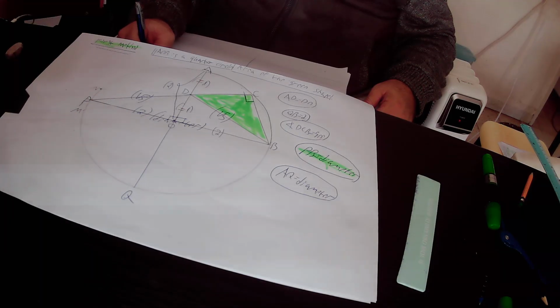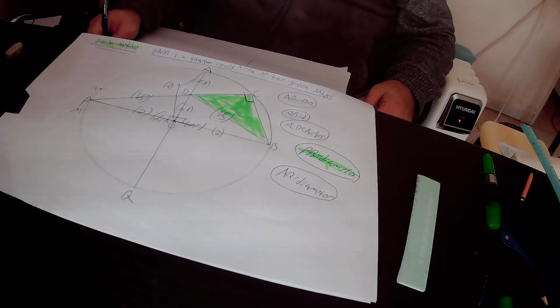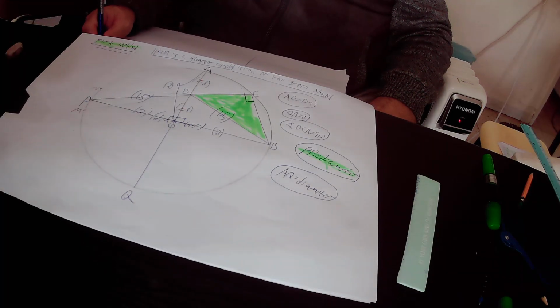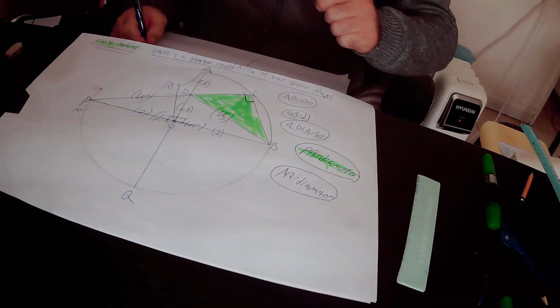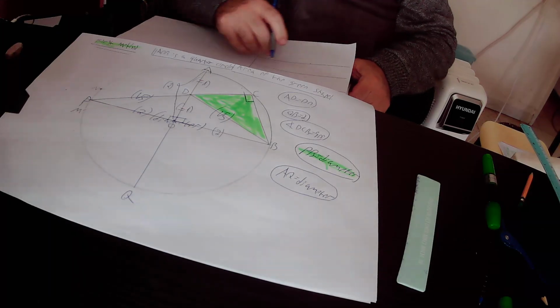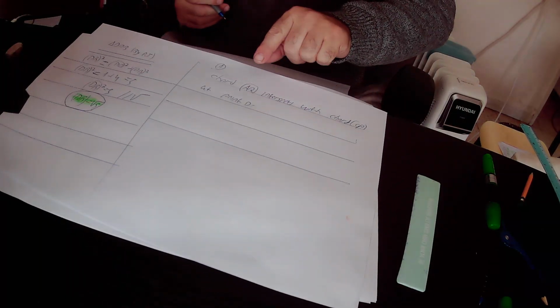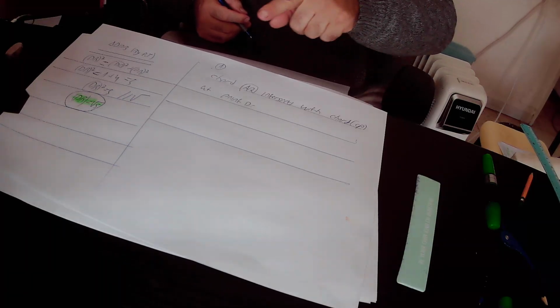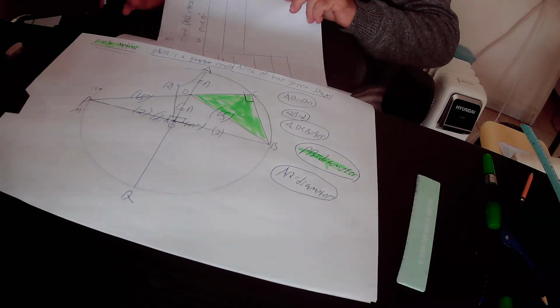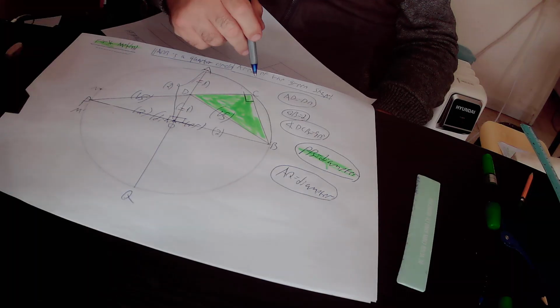intersects with chord CP at point D. Okay, again, we shall find out that chord AQ intersects with chord CP at point D. And therefore, according to rule 24, the following equation is true: AD times DQ equals CD times DP.